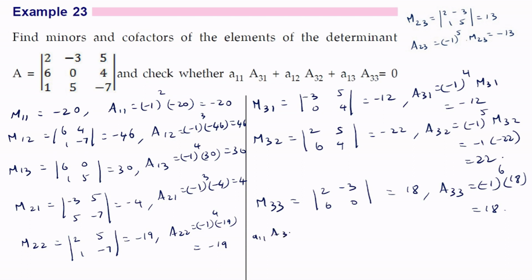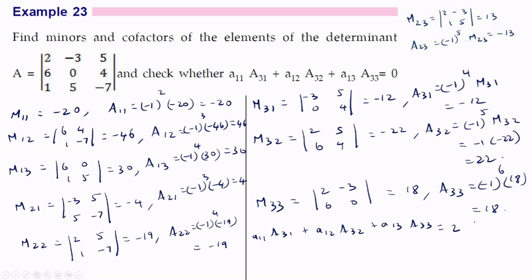A11 into A31 plus A12 into A32 plus A13 into A33. This is equal to, A11, A12, A13 are the elements in the first row. So it is 2 into, A31, A32, A33 are the cofactors of the elements of third row.